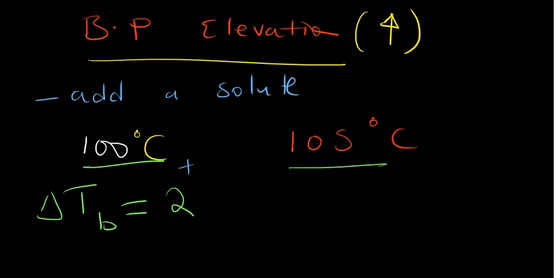Now, under this topic, the boiling point elevation, or the increase in the boiling point, is directly proportional to the molality. It is dependent on a constant, which we are going to call K subscript B, multiplied by molality, small letter m.